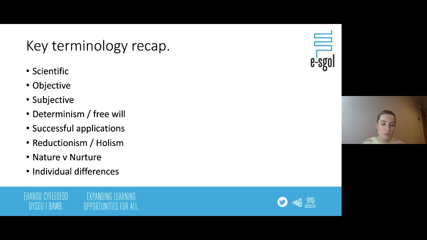Okay. Then we've got reductionism, holism. So to reduce is to make something smaller, and holistic is bigger, okay, looking at more. So reductionism is that behaviour is being reduced down to something, okay? So the biological approach is reductionism.